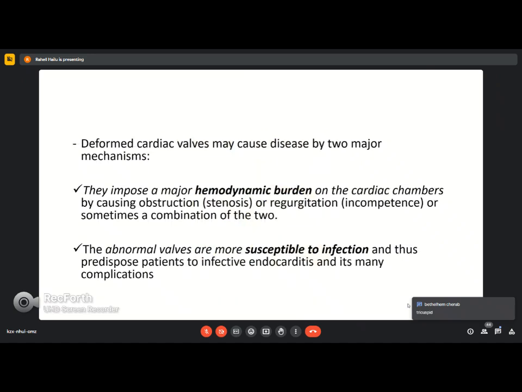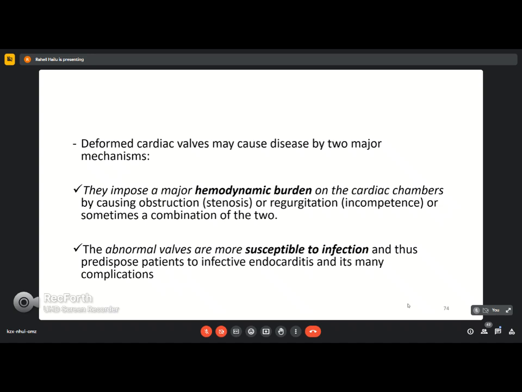So I think you got these lesions down. So they impose a major hemodynamic burden, either pressure or volume overload, and abnormal valves are more susceptible to infection, because they're more likely to have endothelial damage.